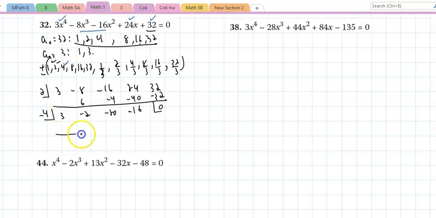How about a negative 4? A 3, a negative 12, a negative 14, a positive 40, 56, 30 some, that's not working. Okay, maybe I'll try. So this is one of those cases. The first 3 didn't work. I'm going to try an 8. If that doesn't work, I'm going to try the fractions.